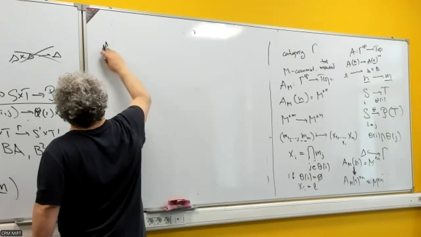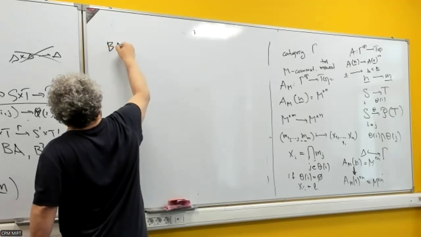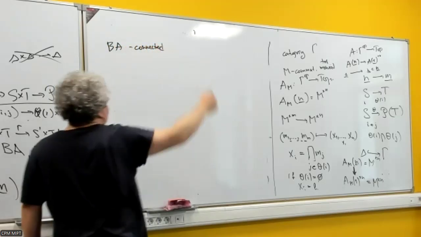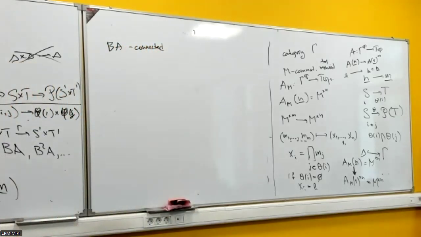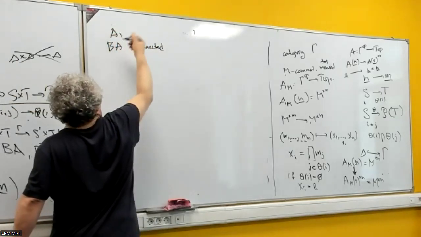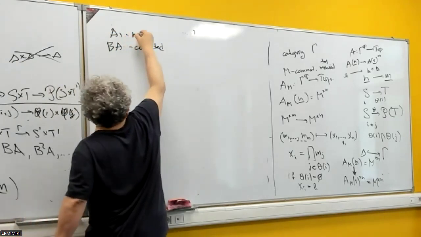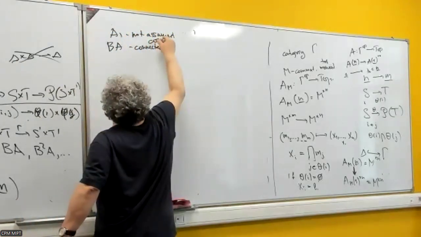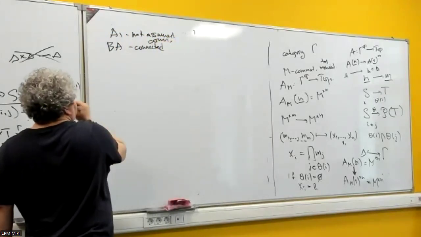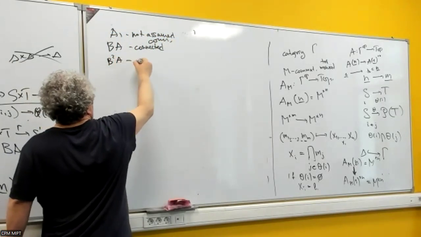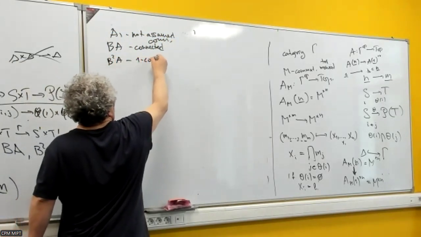BA is always connected, right? It's clear directly, but in principle A1 is not assumed to be connected in general. But BA is connected, B square A is 1-connected.